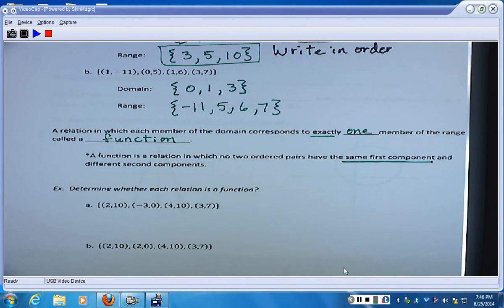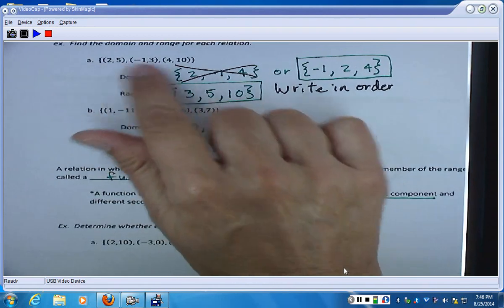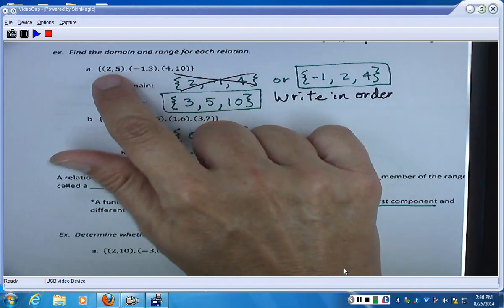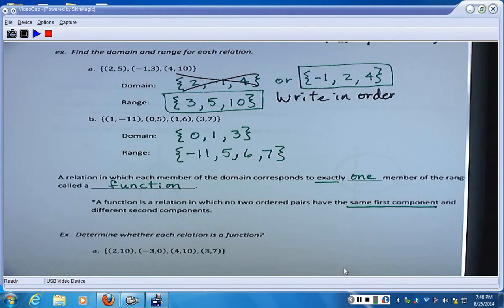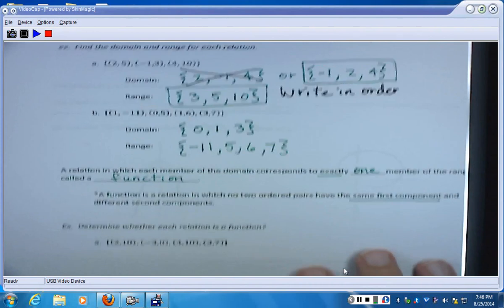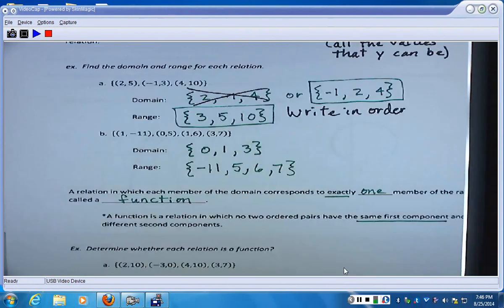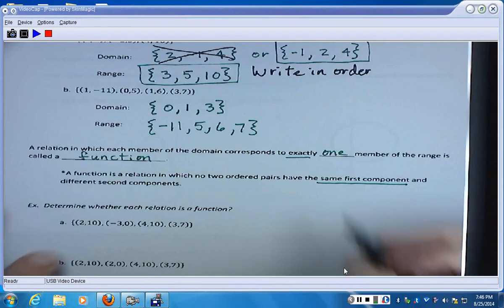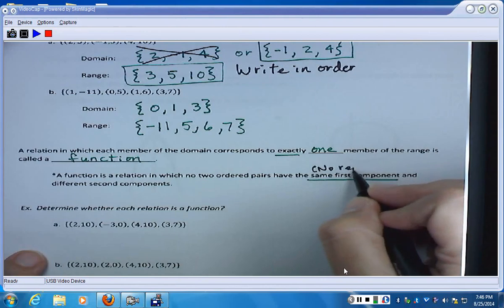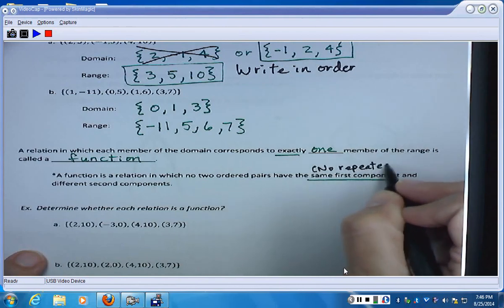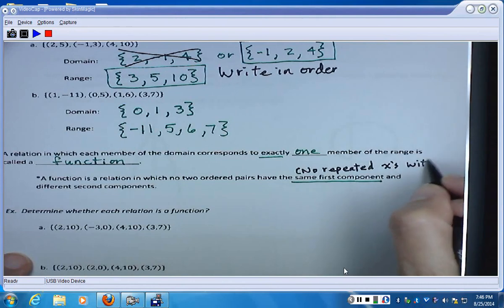So, just looking back up here, was this relation a function? Do you see they have no repeated first components, so it is a function. It can't have the same first component and different second components, so it can't have any repeated x's with different y's.